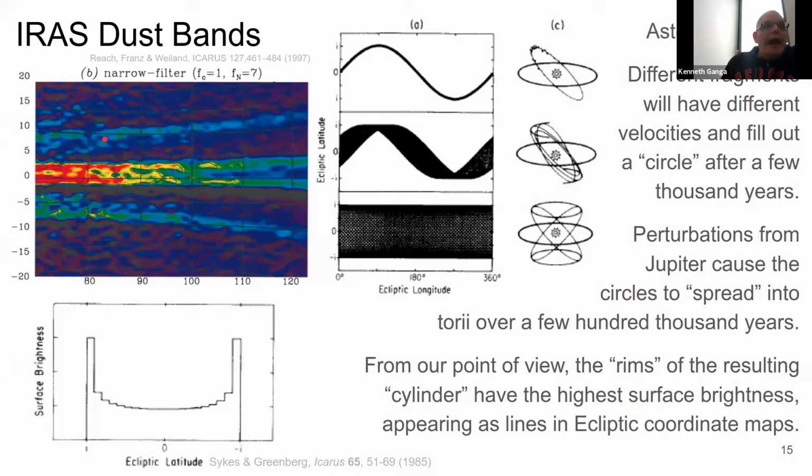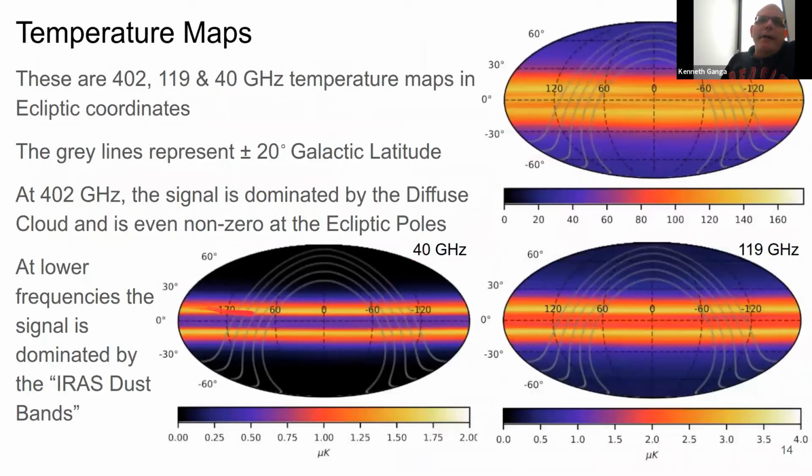So these are known as the IRAS Dustbands, and it is a really cool little dynamical effect in the solar system. And it also means that these dust particles might be a little different from the rest of the dust particles. And the reason we see them better is because they're larger dust. They haven't been ground down after millions and billions of years. And so they're larger and they can emit at longer wavelengths.